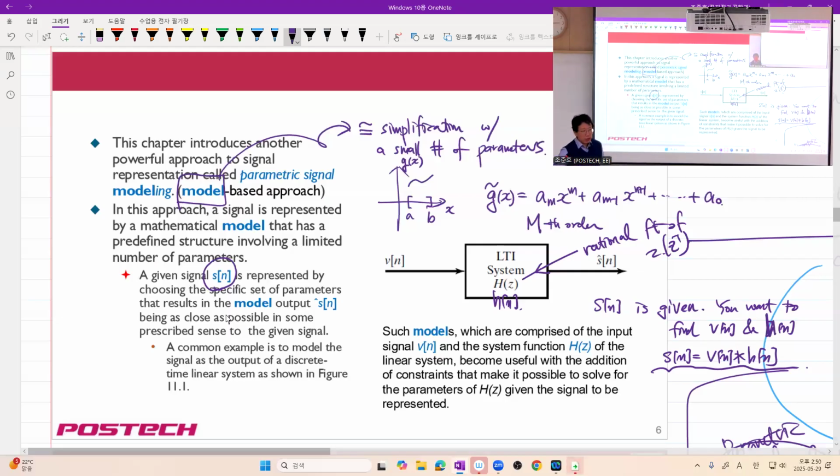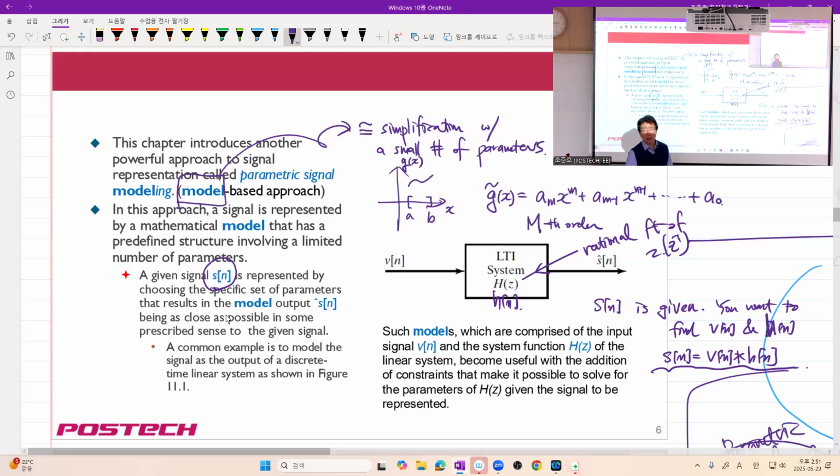And actually, there is another approach where I put the link of some YouTube video in our playlist. And you see that this rational function approximation is not limited to our digital signal processing.